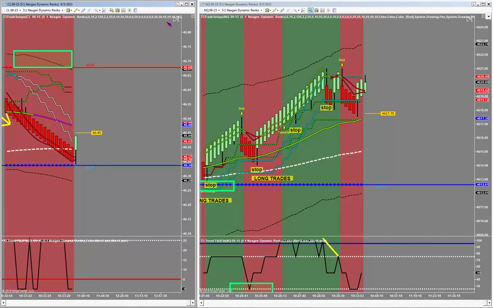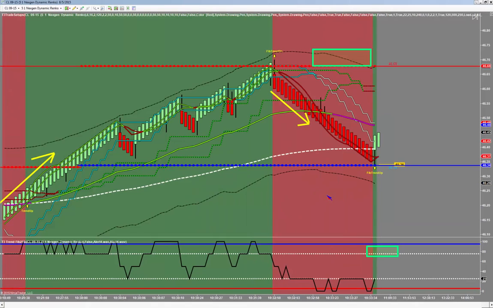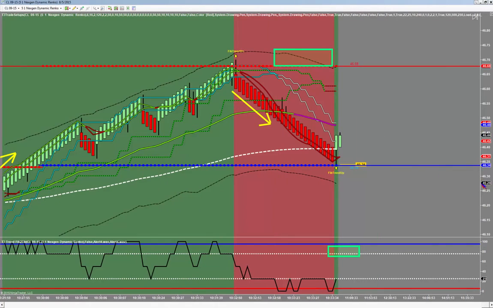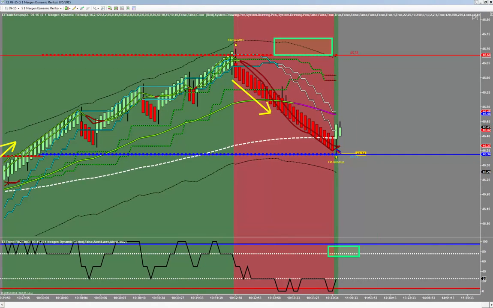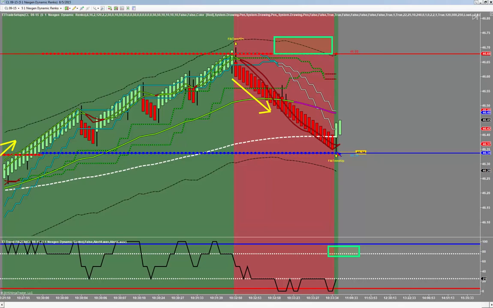All right, so we'll just watch crude for a minute so we don't get any confusion. Can we go long off of this crude support based on where our trigger lines are right now, guys? Okay, everybody says no. Okay, good.